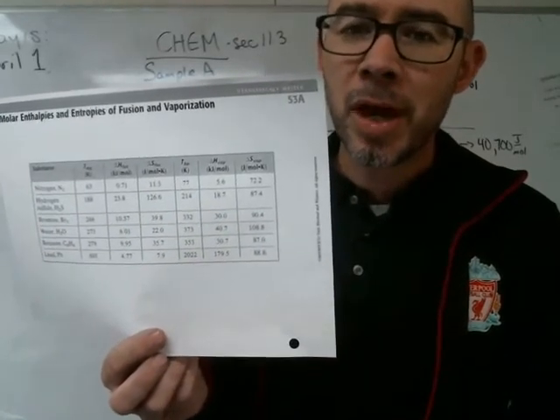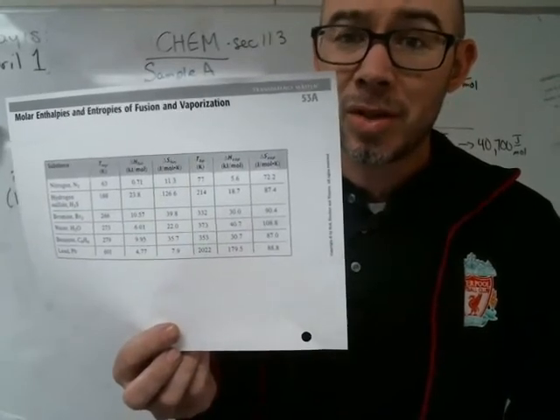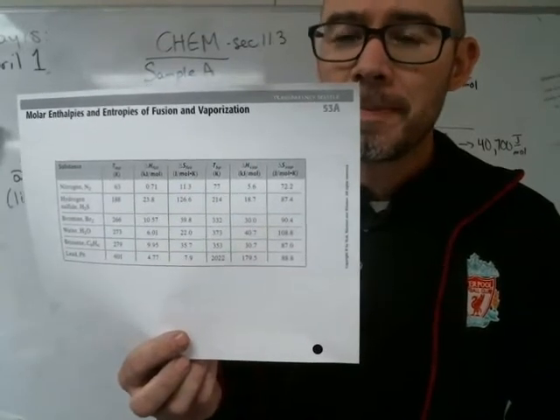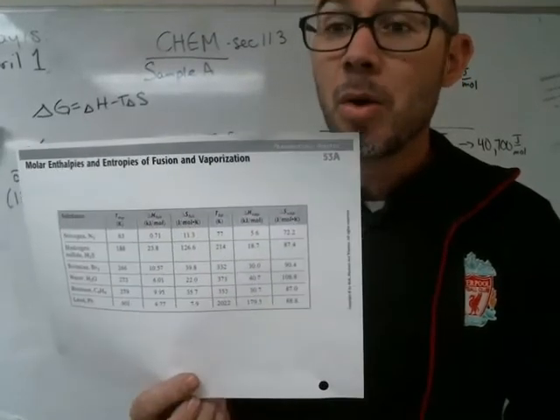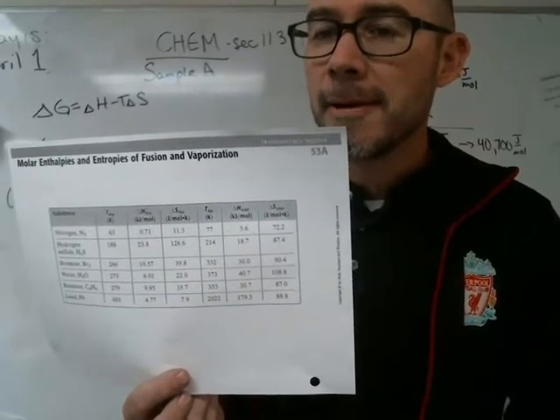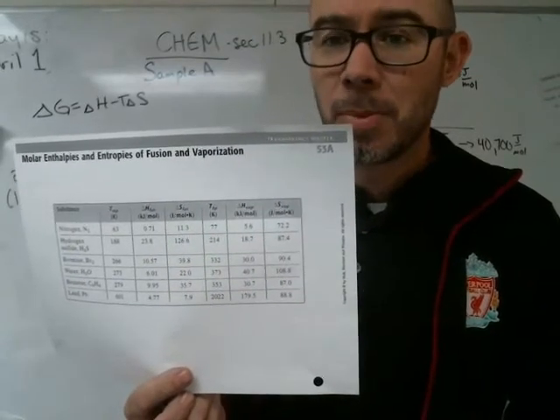These are the molar enthalpies and entropies. Remember, enthalpies are delta H and entropies are delta S of both fusion, that's when something melts or freezes, and vaporization, when something either evaporates, boils, or condenses, depending on which way you're going.